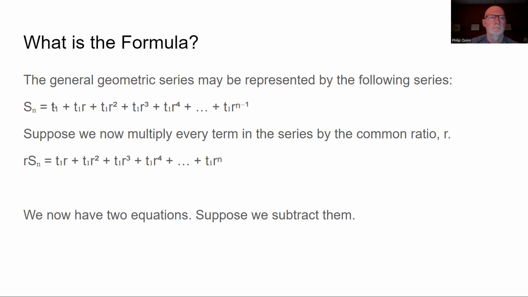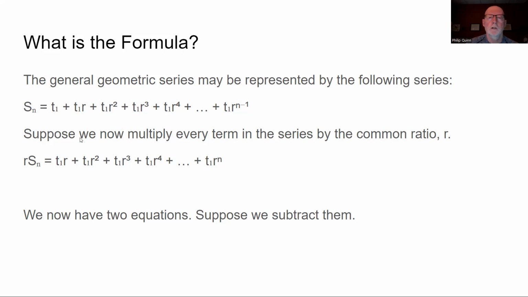The second term is T1 times something called the common ratio, r. The third term is the first one times the common ratio times another common ratio. And the pattern will continue. The fourth term is the first term times r times r times r, and so on, all the way down to T1 times r to the n minus 1.